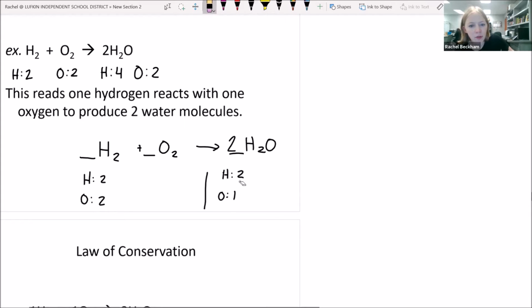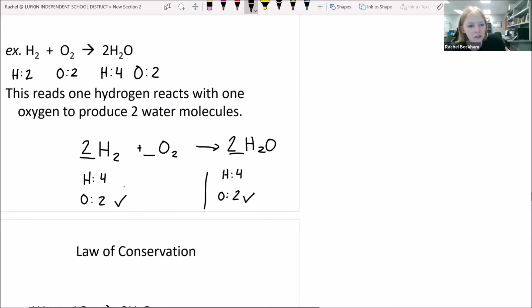That adjusts everything over here, because 2 times 2 now makes 4 H's, and 2 times 1 now makes 2 O's. And so now we've got 2 oxygens. That's good, right, on both sides. But now my H's aren't even. So I need to make this side now have 4 H's, and I'm going to do that by putting a 2 right here, because 2 times that little 2 now makes a 4.